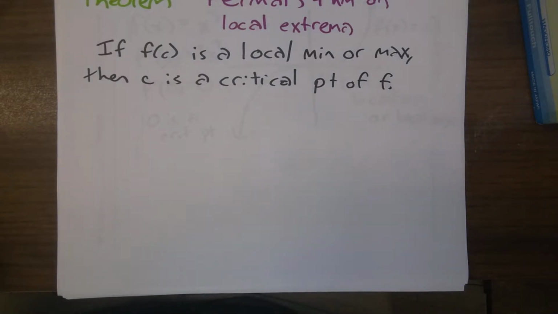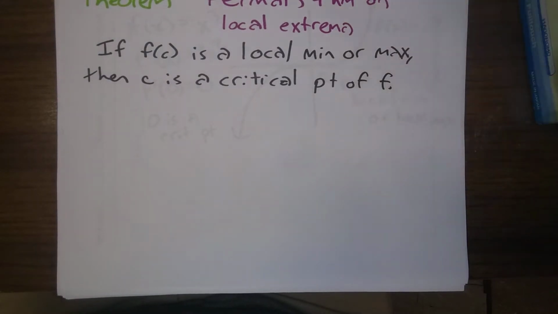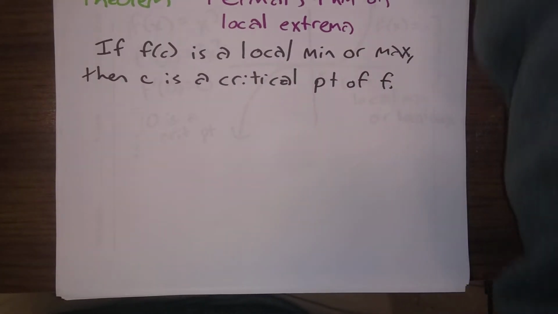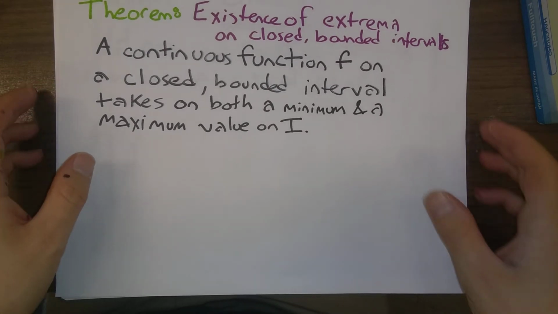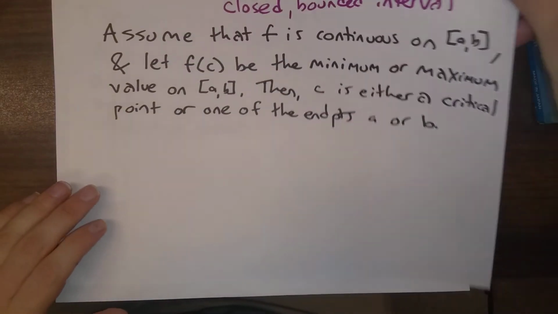So let's get back into the main swing of things. We said in a previous video that we had this theorem: a continuous function on a closed bounded interval takes on both a minimum and a maximum value on that interval. And we said we want to think about where those are located. We want to find and identify them. And so here we have this theorem.